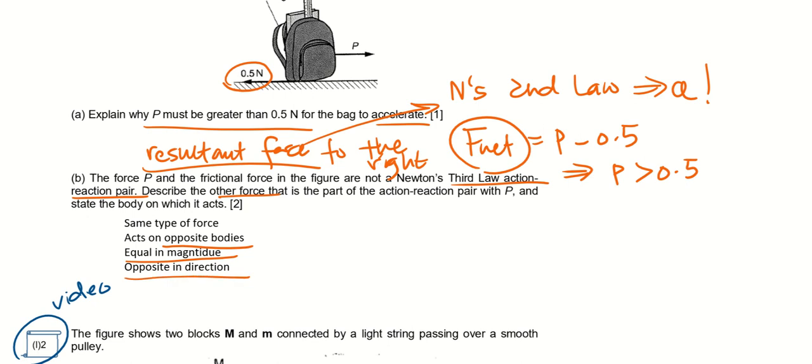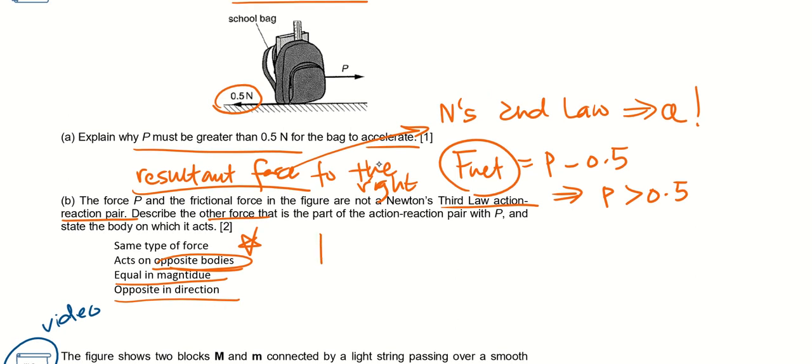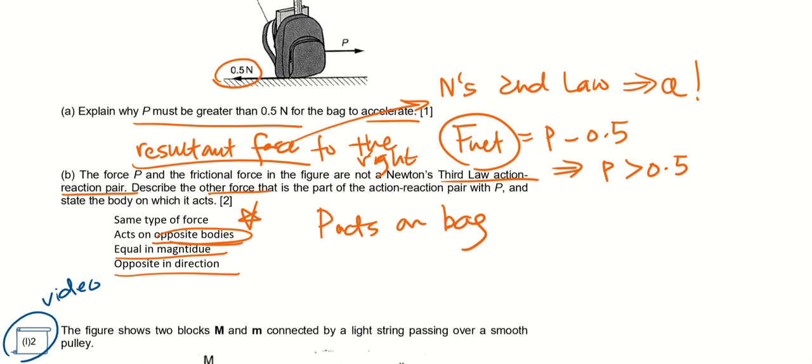So this second condition is important for it to be a Newton's third law pair. P acts on the bag, and P is by the student. So I will say student pulls bag.